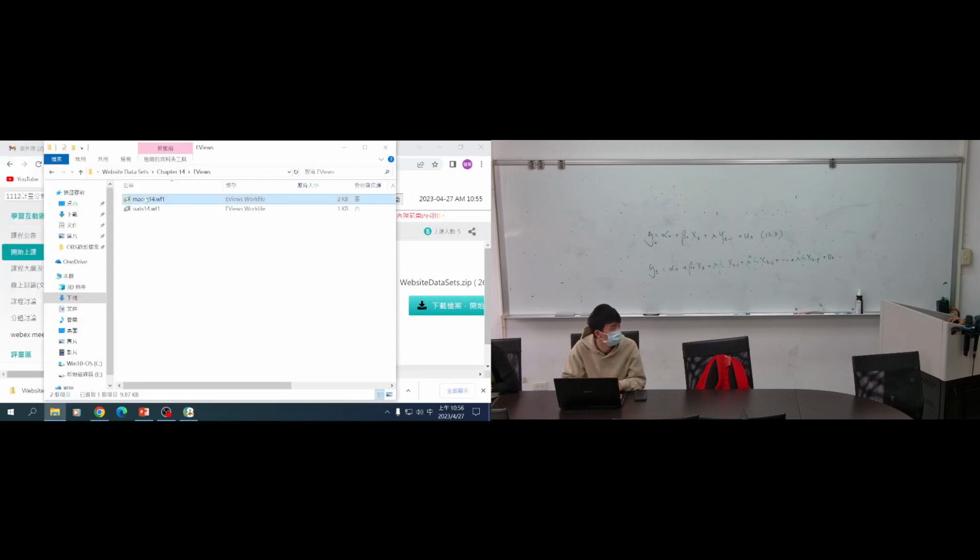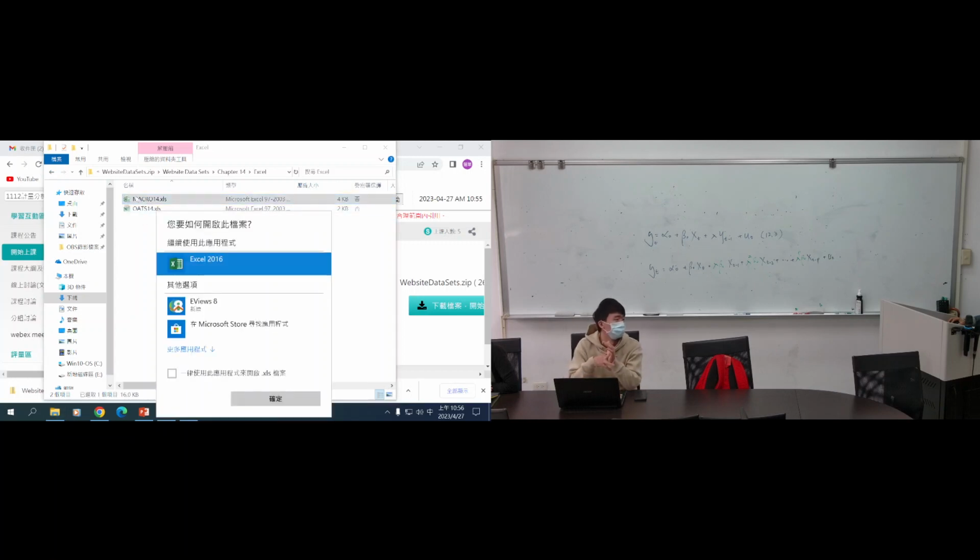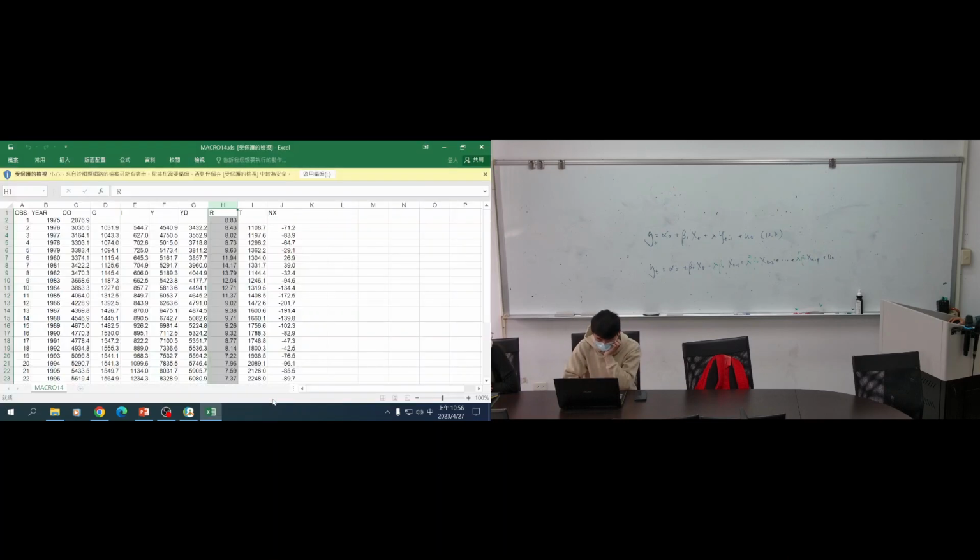In order to know the data more clearly, I also download my Excel. This is exactly the same. You just want to see the numbers, because Excel is easier for viewing the original data, from my point of view. EViews is hard to see that.